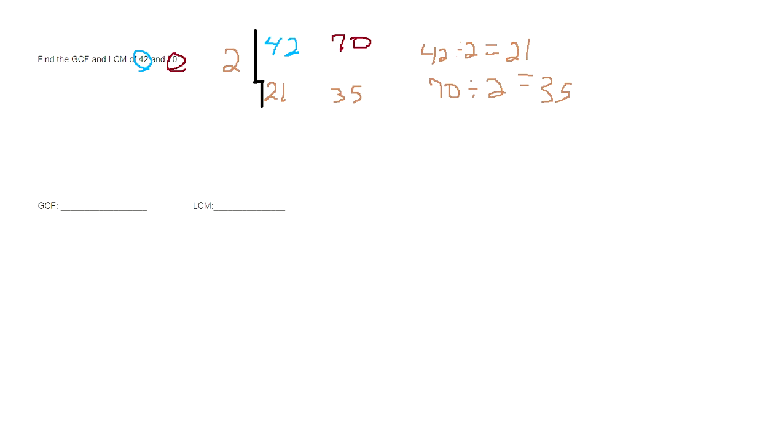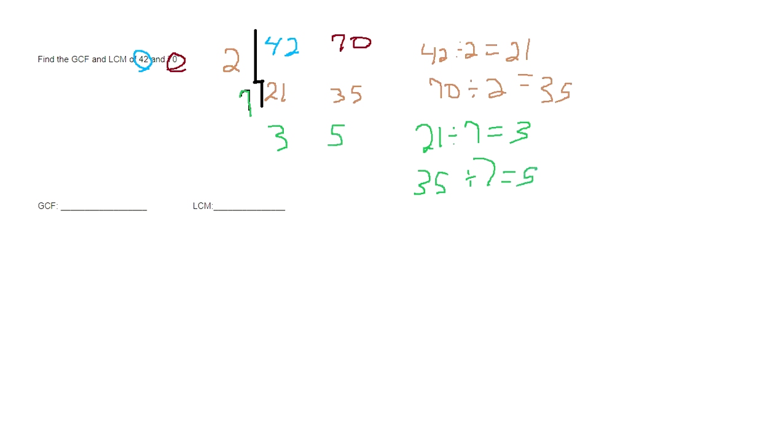I know that 7 goes into both of them. So I'm going to put a 7 there. I wanted to put it in a different color so you can see it. And then I'm going to go 21 divided by 7, and that is 3. So there goes the 3. And 35 divided by 7 is 5, and a 5 goes right there.